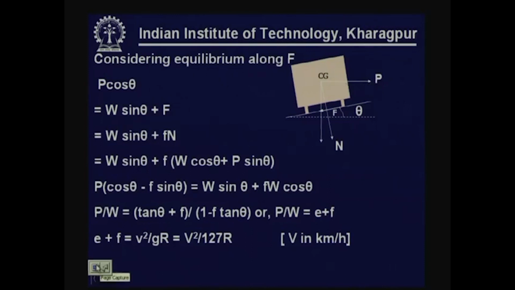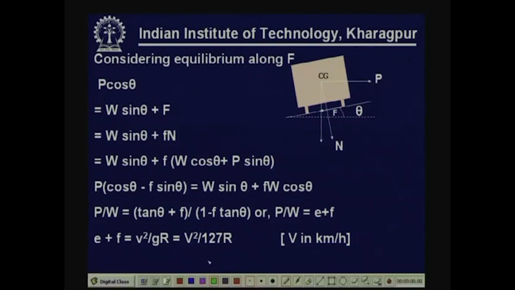If we take the components of this P, observe it carefully, along the inclined surface, this component is P cos theta, and perpendicular to the surface, this component is P sin theta.